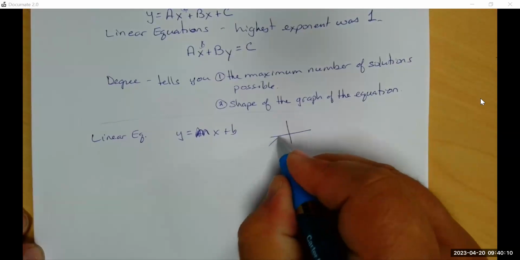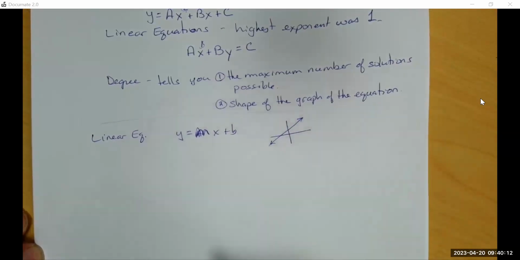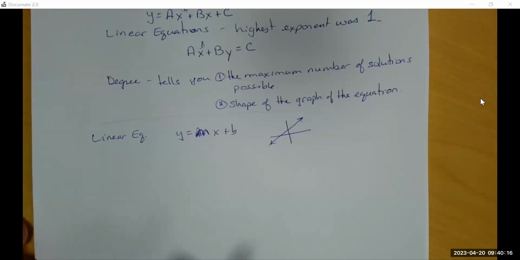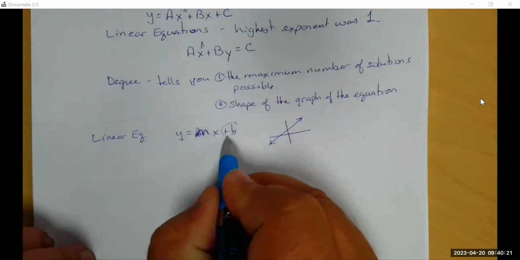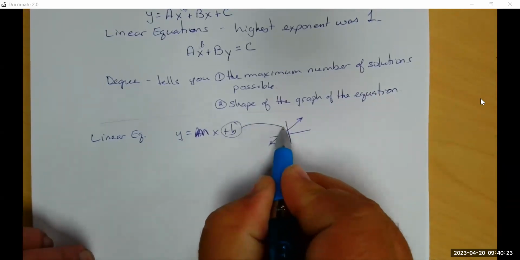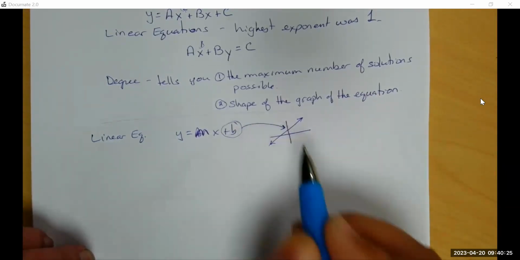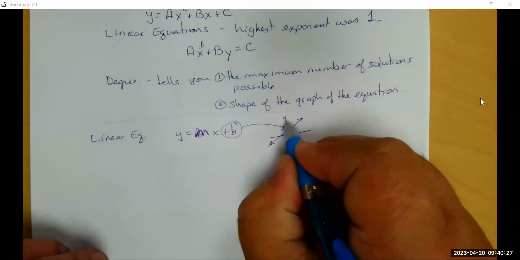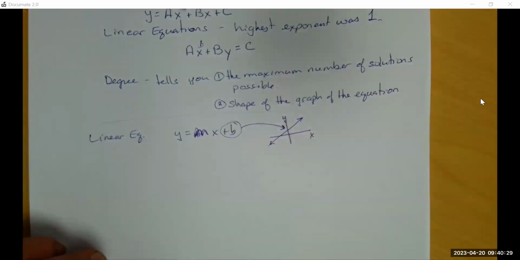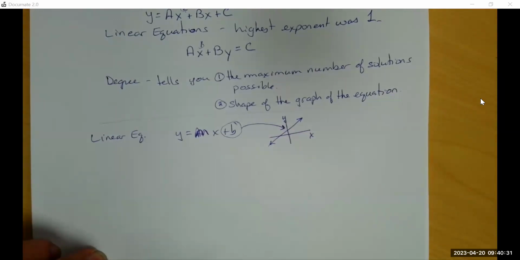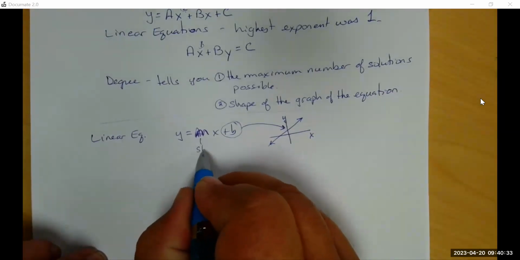It's a straight line, where the b is where the line crosses the y-axis, and m is the slope.